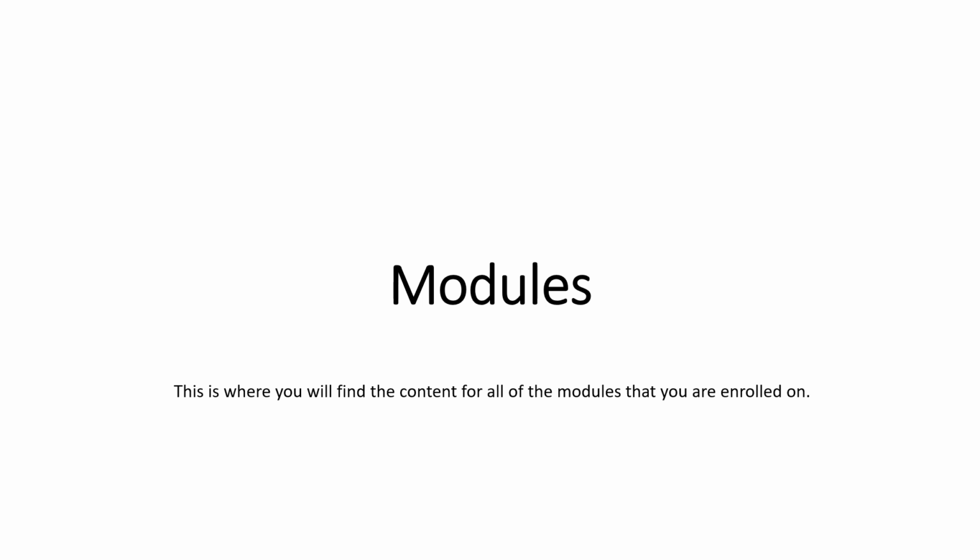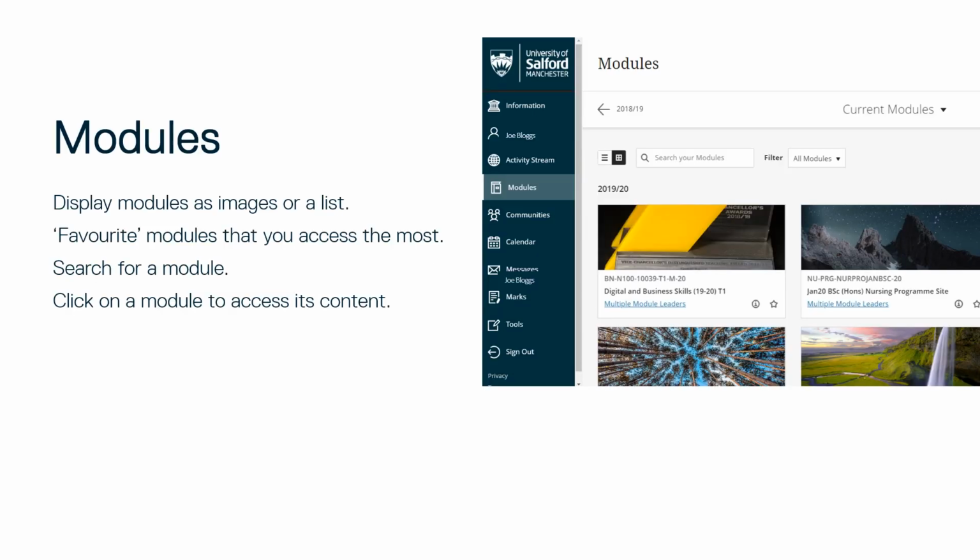Modules. This is where you will find the content for all of the modules that you are enrolled on. This is the module list area. You can view your modules as images, or you can view them in a simple list. Click on the two buttons next to the search box and find out which view you prefer. You can pin or favorite the modules that you access the most.